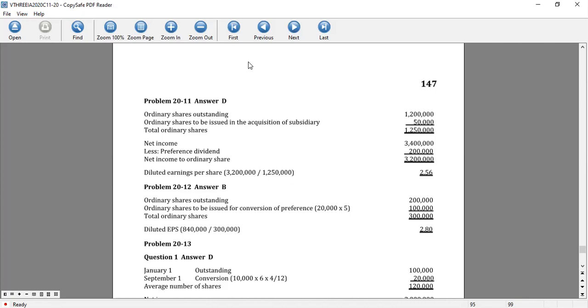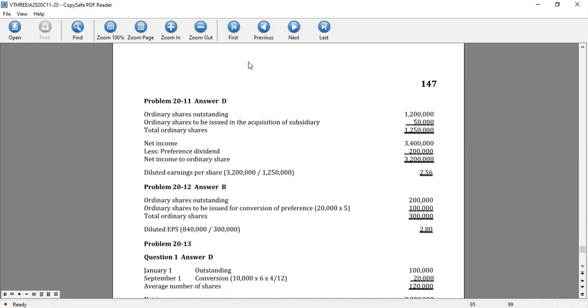Now, for the net income of 3.4 million, we divide for determining the basic earnings per share. However, in the problem, what's being asked for is diluted earnings per share.